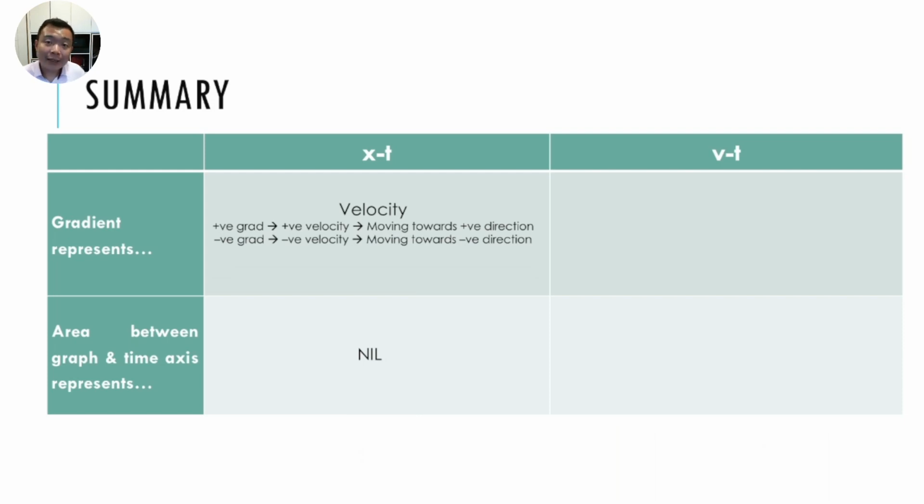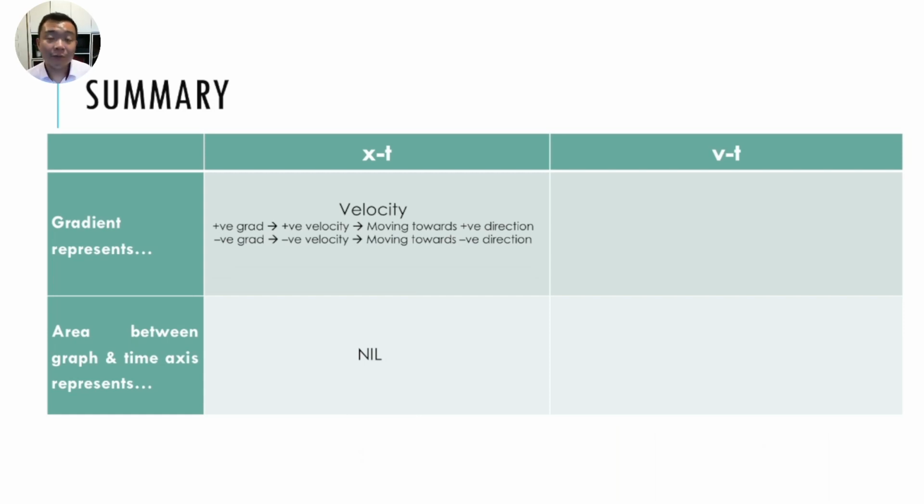If your gradient is a positive value, positive gradient, this means that your velocity is therefore positive. This means, therefore, the object is moving towards the positive direction. Now, the reverse is also true, meaning that if you find that the gradient is negative, this means that the velocity is negative.